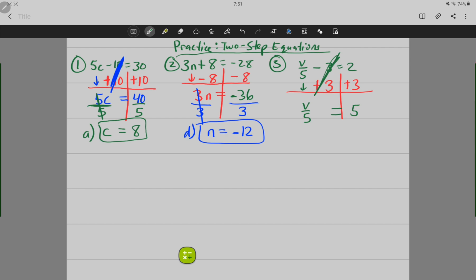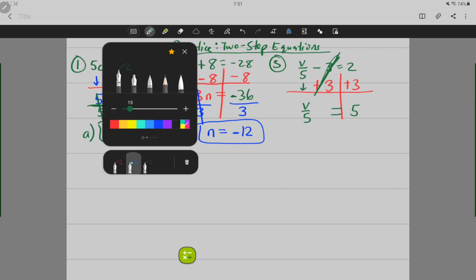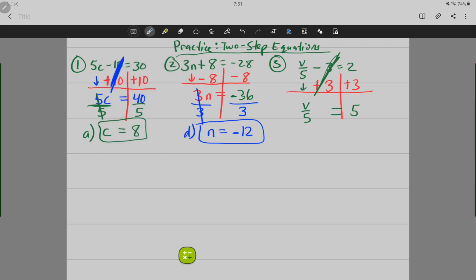We should know that, since it is a two-step equation. This time, though, we have a fraction, v over 5. Or, if you want to read it, v divided by 5. So remember, anytime we have a variable by itself, and we don't see a number, just remember it does have a number in front.